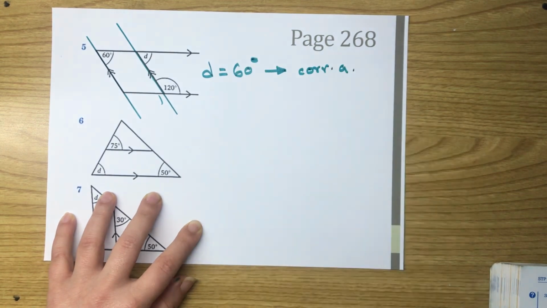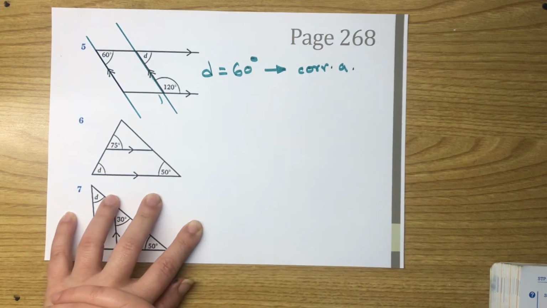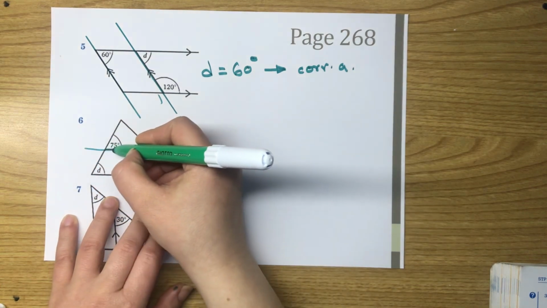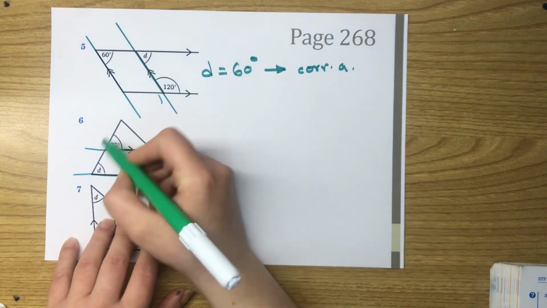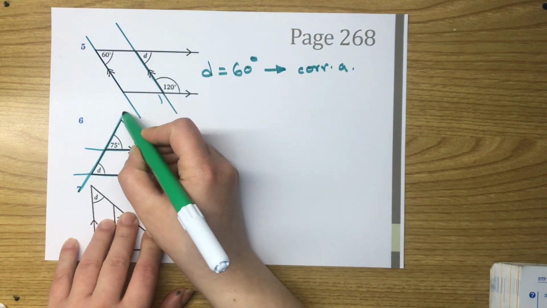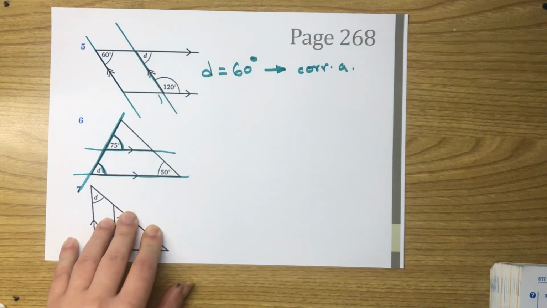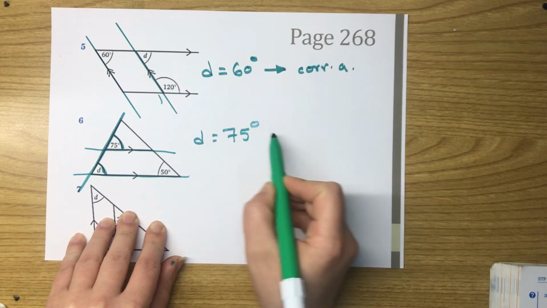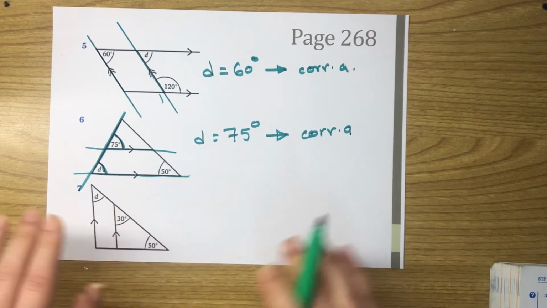Corresponding angles. Okay, D corresponds to 50 or 75. Here are my two parallel lines, 1, 2. And here is our transversal line. So, D corresponds to 75. So D equals 75. Why? Corresponding angles.